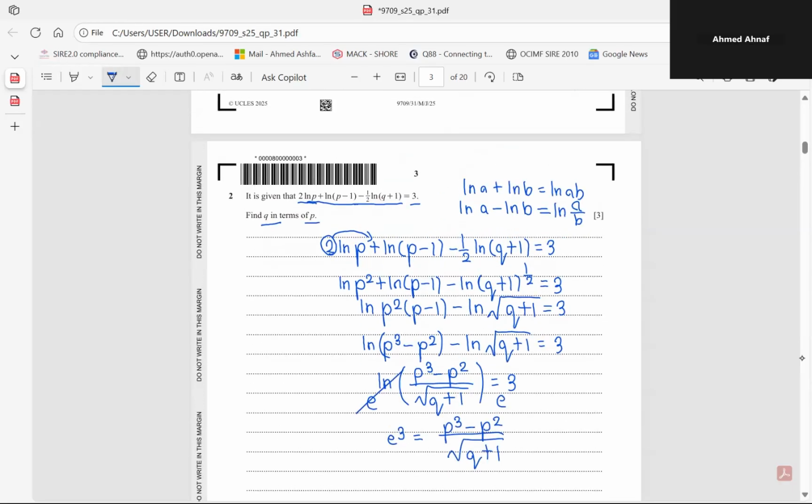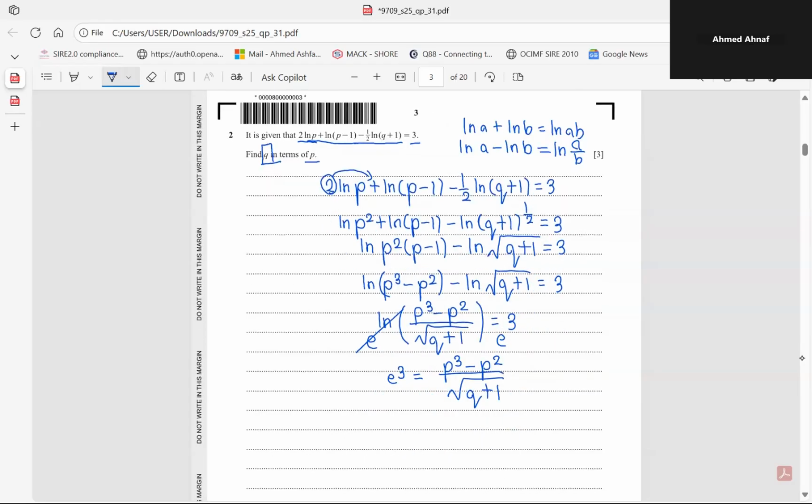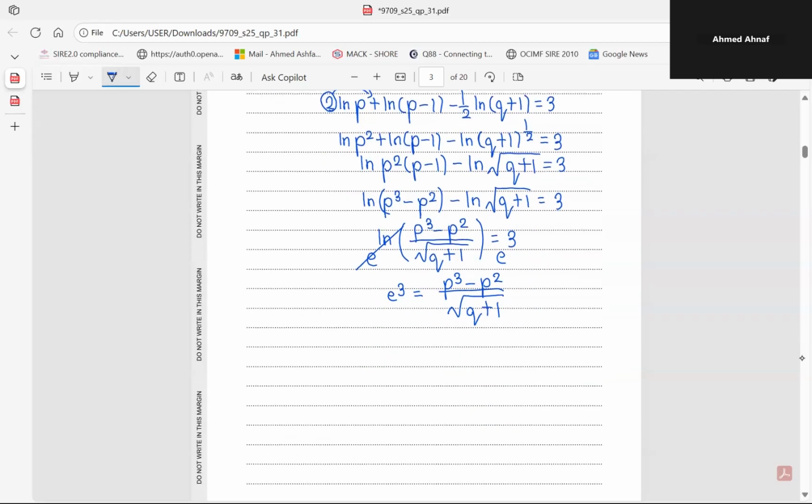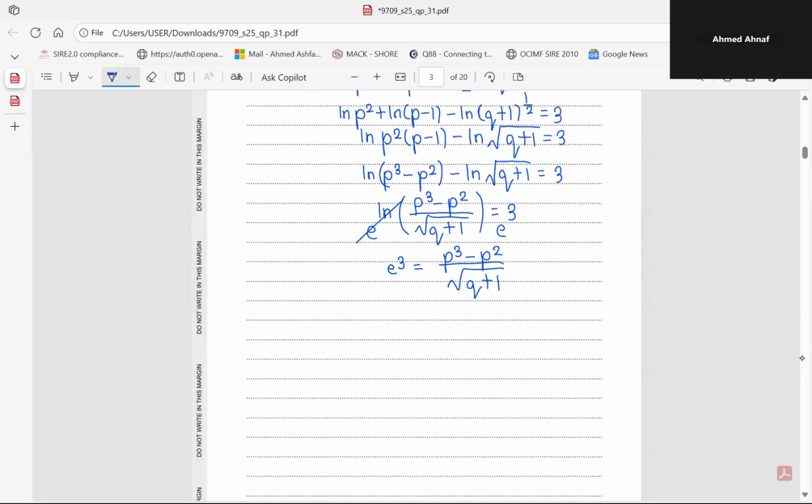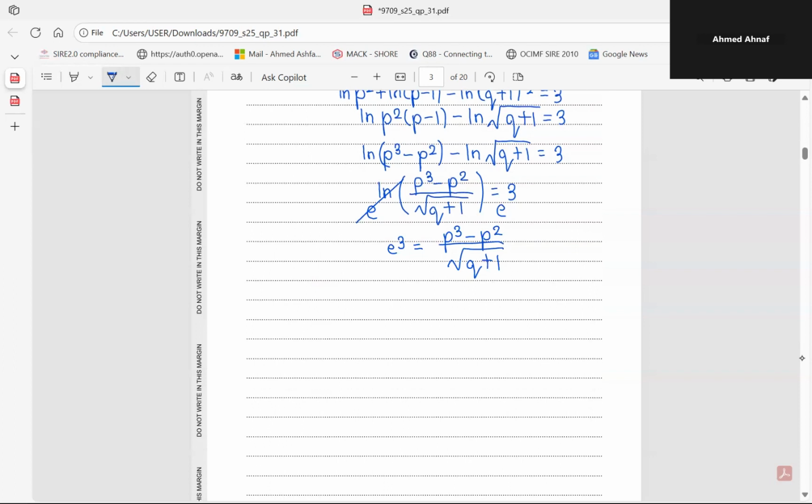As you can see in this question, we have to express q in terms of p, so we have to make q the subject of this equation. Let's multiply both sides by the square root to get rid of the denominator. We will have e cubed times square root of q plus 1 equals p cubed minus p squared.